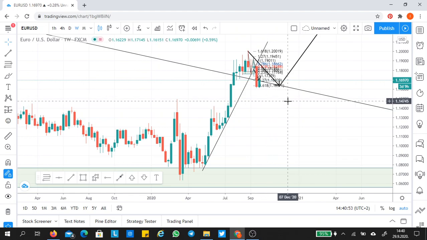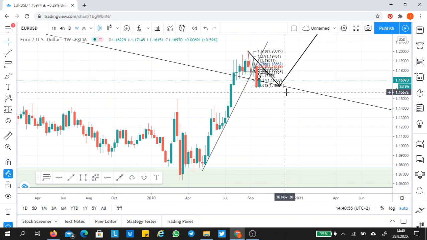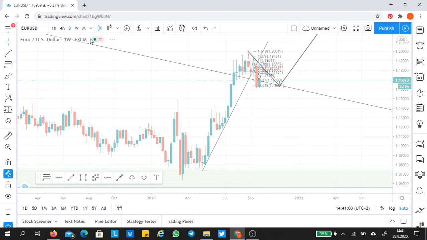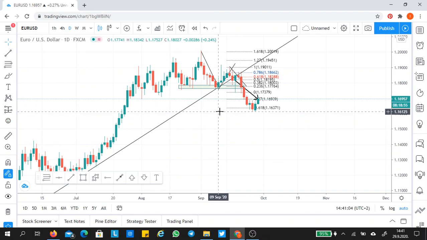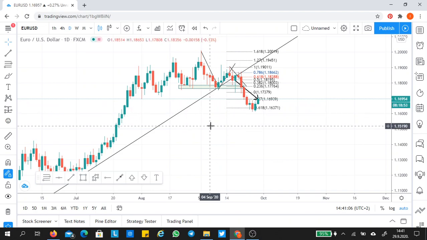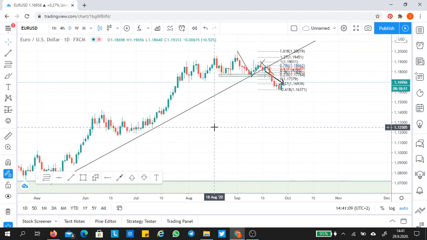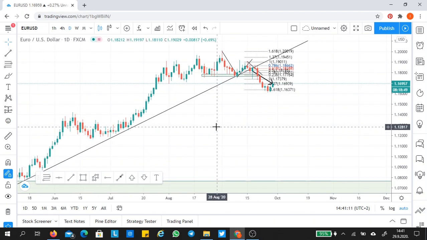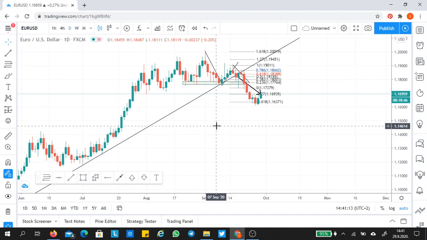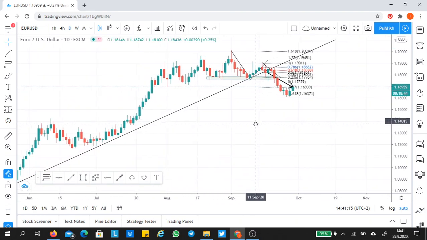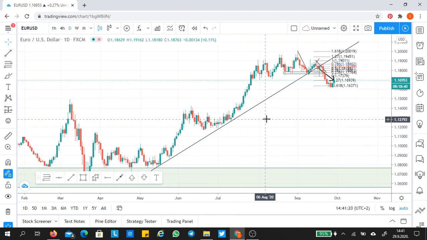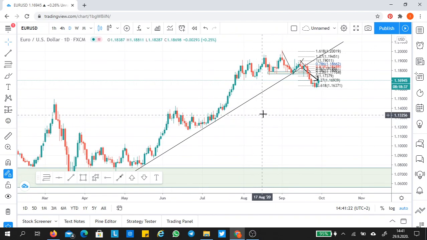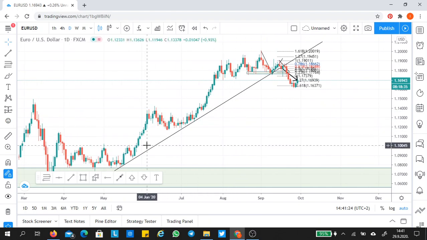Now this was what I expected and what I told you last video, that I'm expecting a pullback around the 116.30 level. That's why I didn't enter into this position, because I didn't want to short in a bull market, but the correction took place.